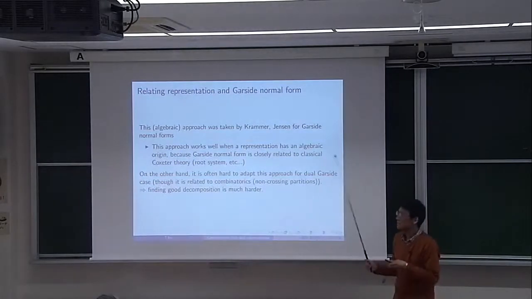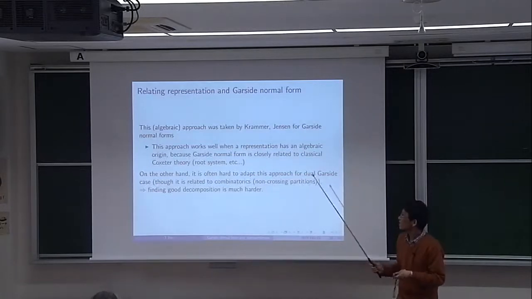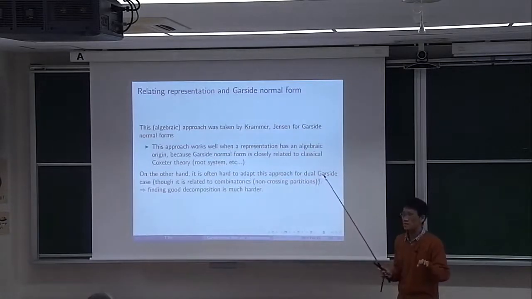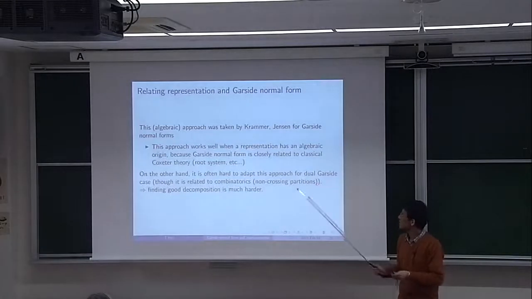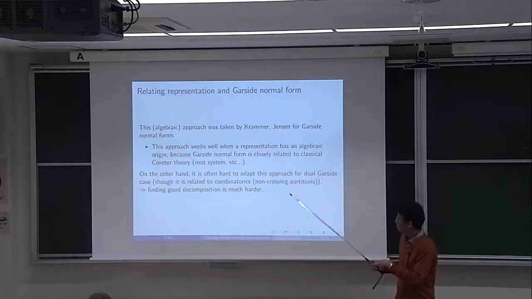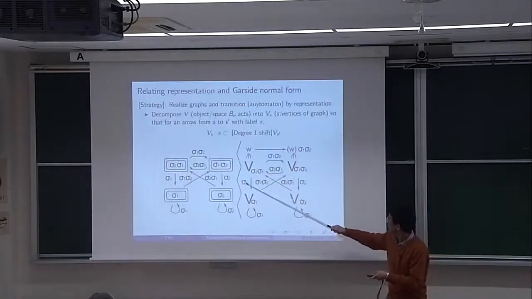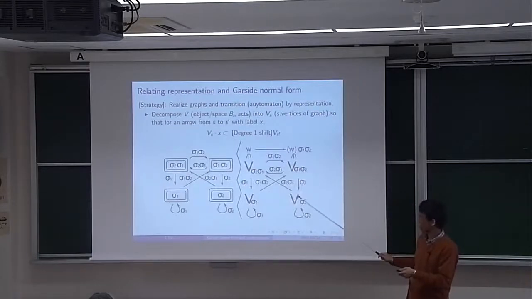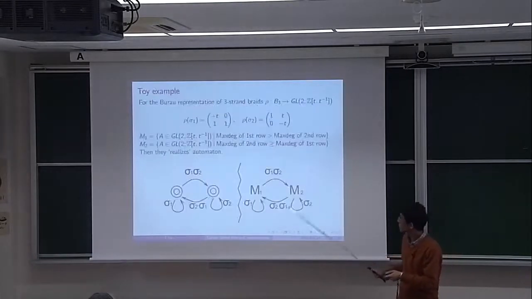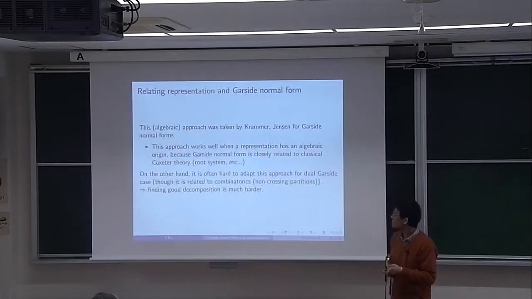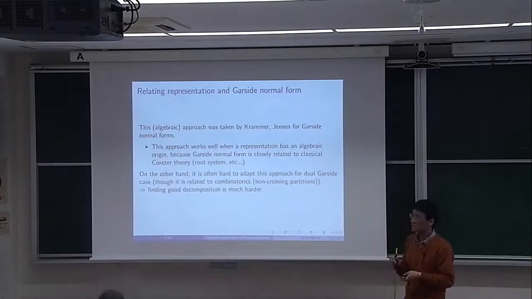When a representation has algebraic origin, we can guess how to decompose the representation, and then we are able to construct such transitions explicitly. However, for the dual Garside case, this approach is in general very hard because the combinatorics of the dual Garside structure is much more complicated.